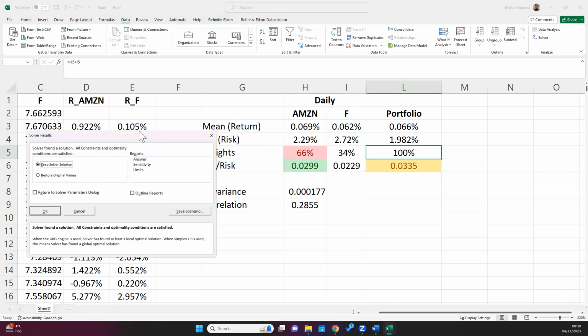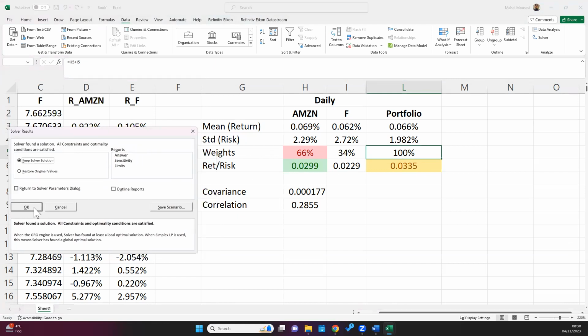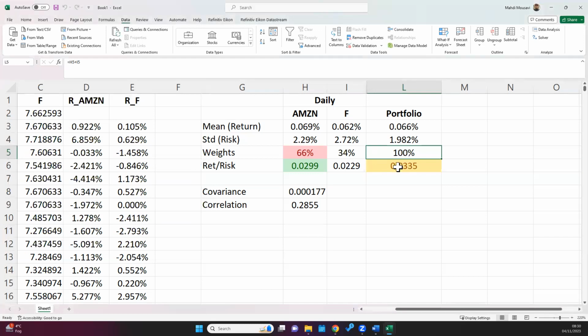All right, so next we solve it. As you see, the numbers changed to 66 and 34, and keep the Solver solution. So basically Excel tried different combinations of weights to find the best, or optimal, weight, which maximized this number, which is now 0.0335. If I change this number to any other number, say even 65, this number most likely will change.